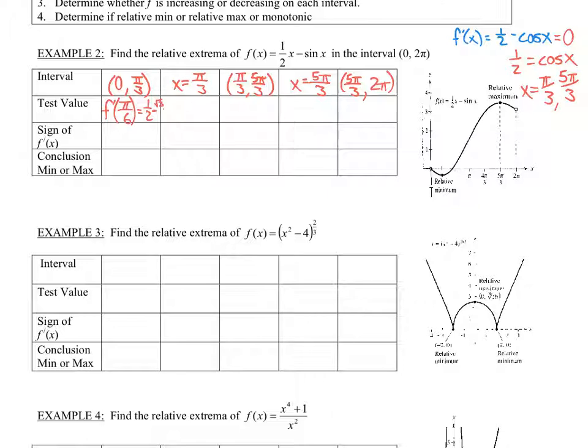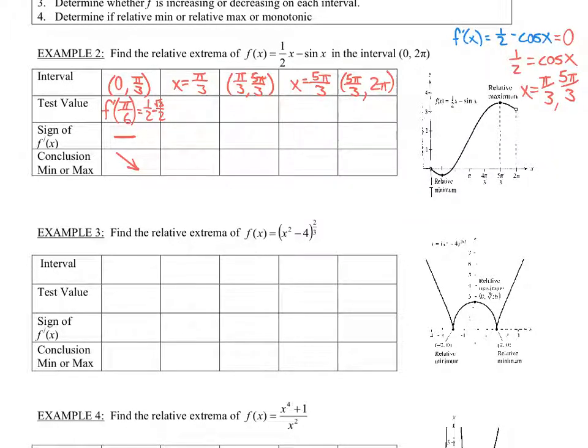Root 3 over 2. Now, I don't care what it equals. All I care about is the sign. Is this positive or negative? Negative. So what can I tell about f in this interval? It is decreasing. F is decreasing. Good.